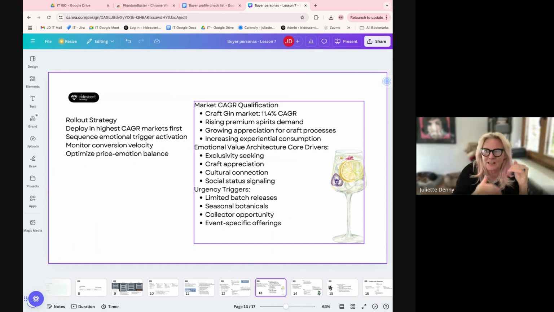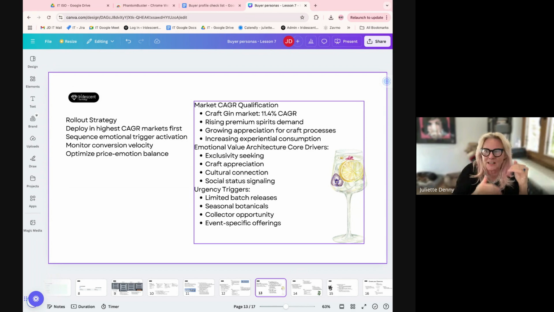Okay. So what does the value architecture look like of these core drivers? Well, we know that the target market are seeking exclusivity. They appreciate the craft of the way that the gin is made. They want to have a cultural connection to Andorra.